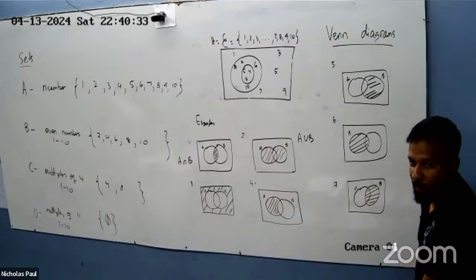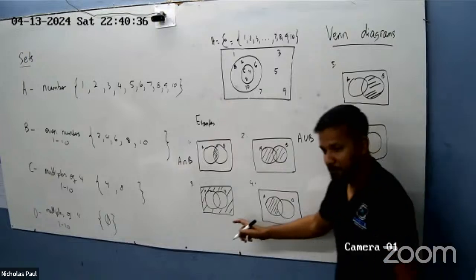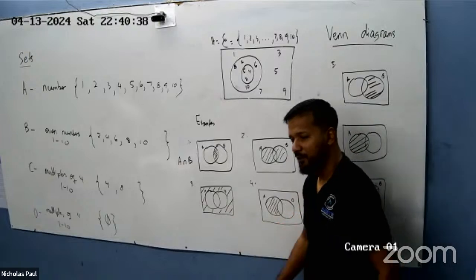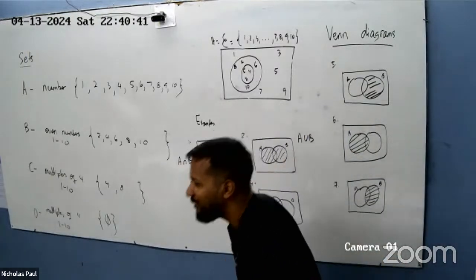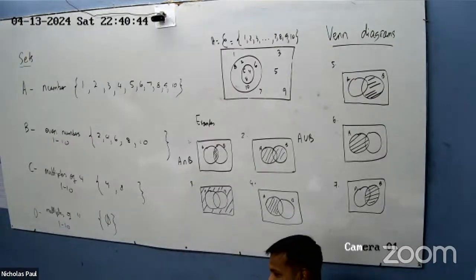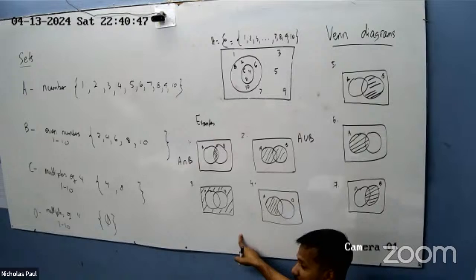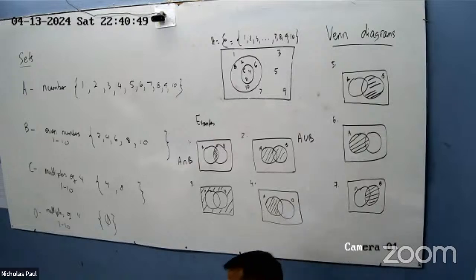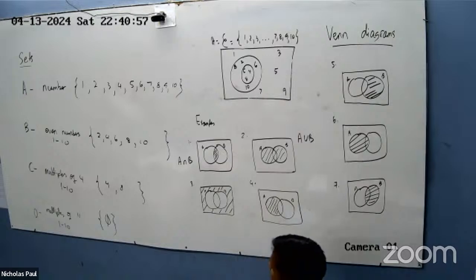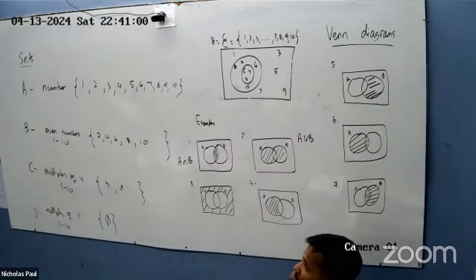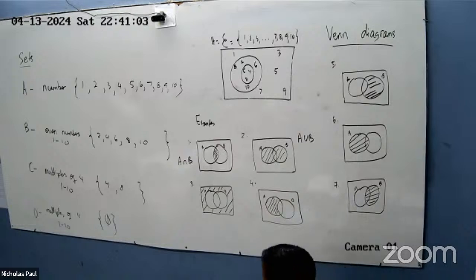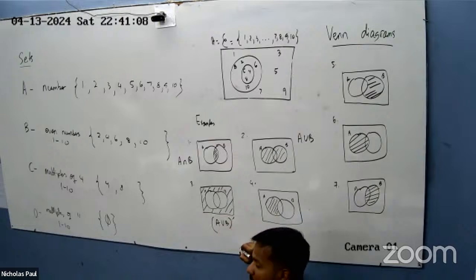Finally, this one here, with the universal set. Complement of what? A union B complement. Very good.